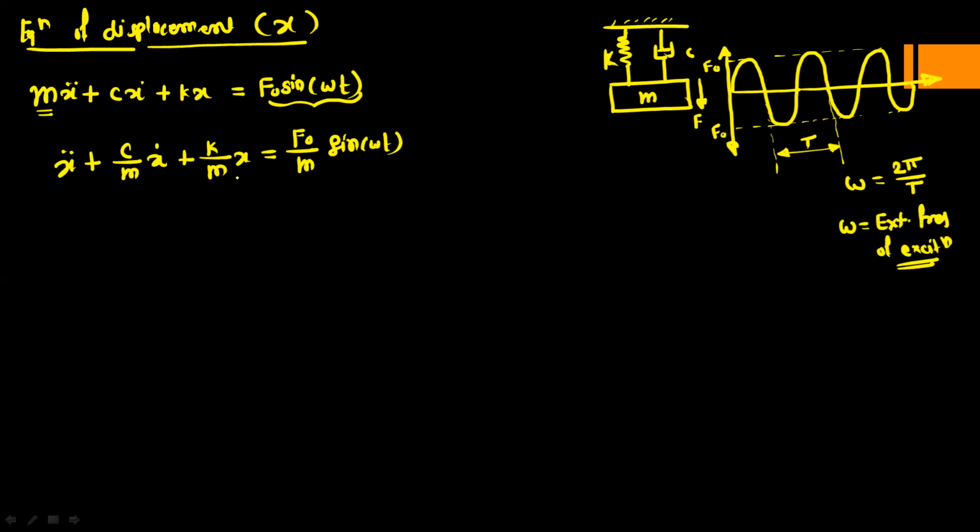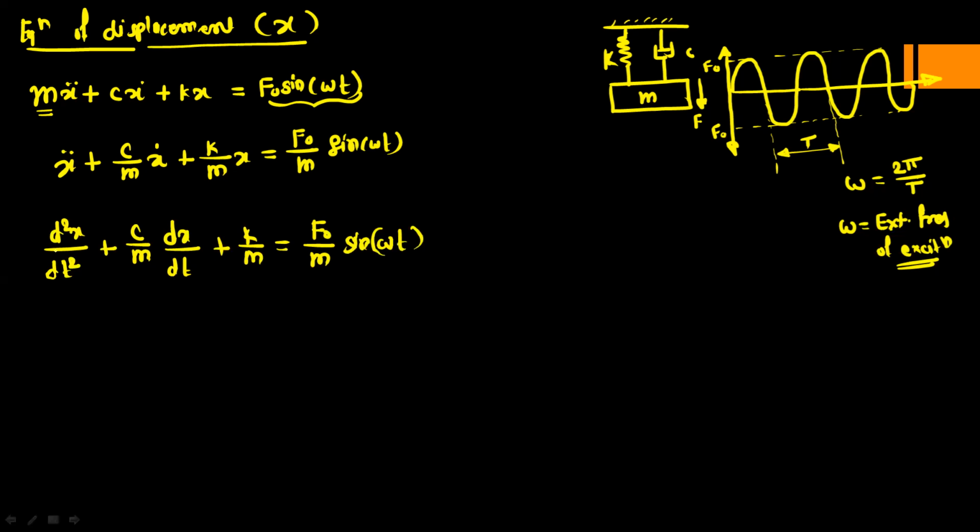Okay, so after this, we can write this equation as d square x upon dt square plus c by m dx by dt plus k by m x, this is equal to f0 upon m sine omega t.